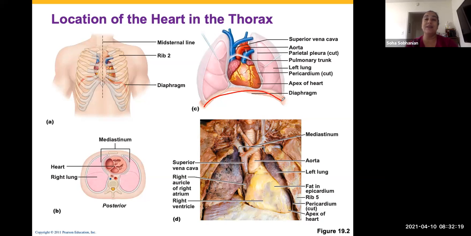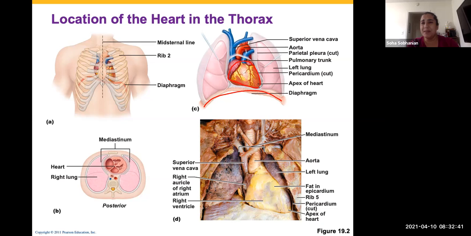The other thing that's very clear in this image is the shape of your heart, guys. We don't have that beautiful Valentine-shaped heart. In reality, your heart is more cone-shaped. You can see it in this picture. If you look at your heart, it is kind of a sideways cone.